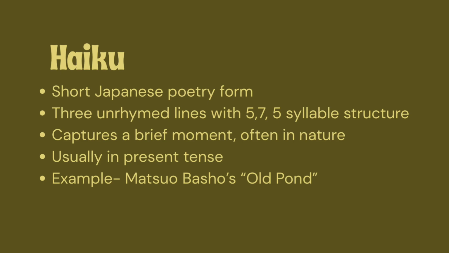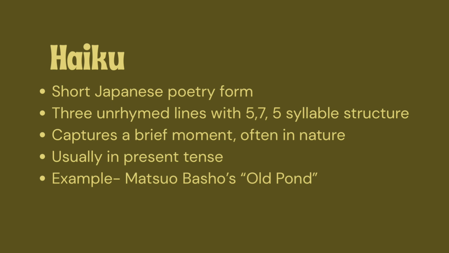Then we have haiku. Haiku is a short lyric poem that captures a single moment of perception, usually drawn from nature, and evokes a deep emotional or philosophical insight through simplicity and suggestion. Originating in Japan, the haiku was popularized in English literature in the 20th century.